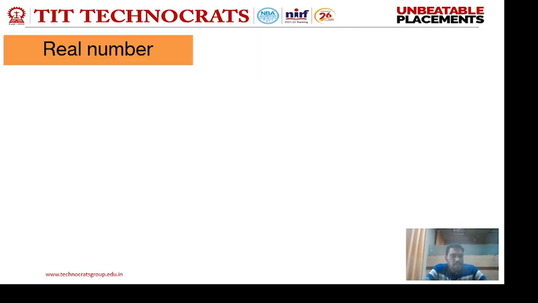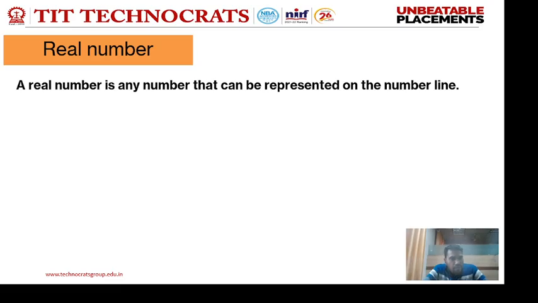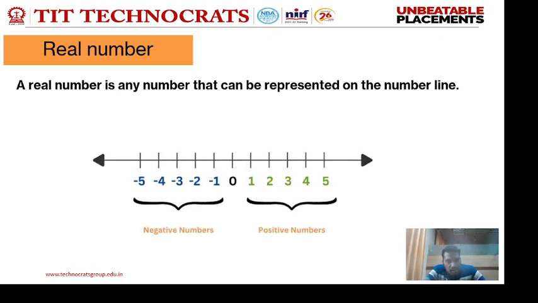First is the real number. A real number is any number that can be represented on the number line. On the number line, the midpoint is 0, the left side is negative numbers and the right side is positive numbers. A real number is a combination of negative integers, positive integers and neutral 0.